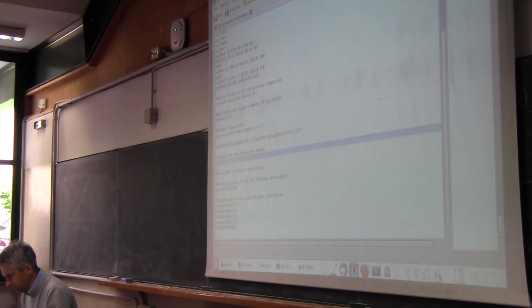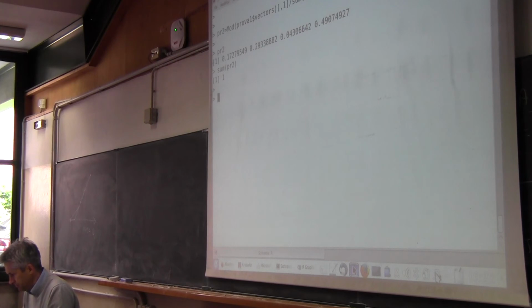Let me compute the maximum eigenvalue lambda. Not bad. It's 4.04, which I think means that the evaluation is consistent.